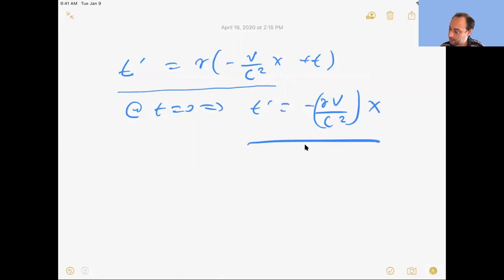So in this Lorentz transformation right here, what I'm doing is I'm setting t equals 0. That's time in my frame. Okay, all clocks in my frame read 0. And then this follows from there. This gives the value of time on a clock that's currently passing over a particular coordinate x.